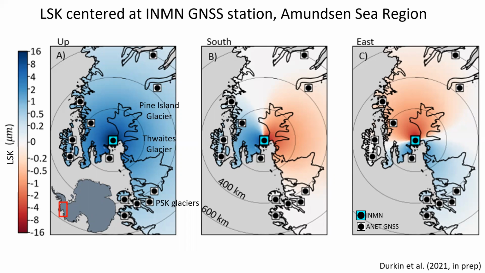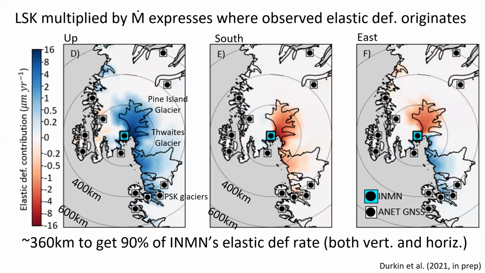And if we take this load sensitivity kernel map and multiply it by our map of ice mass change, what we get is a map that shows us how much each disk of ice loss contributes to the elastic deformation signal observed at INMN. So INMN in total has an elastic uplift rate of about 10 millimeters per year.